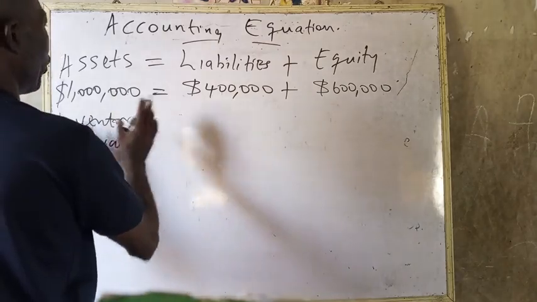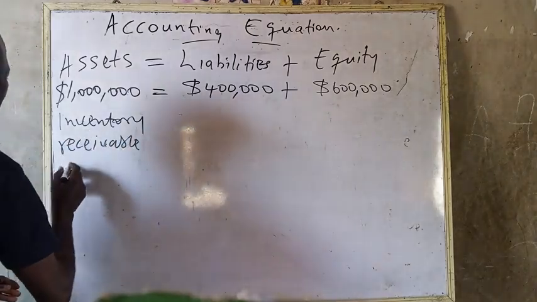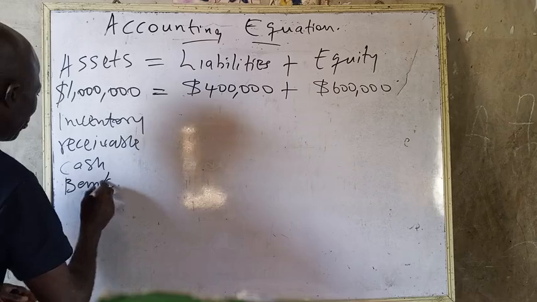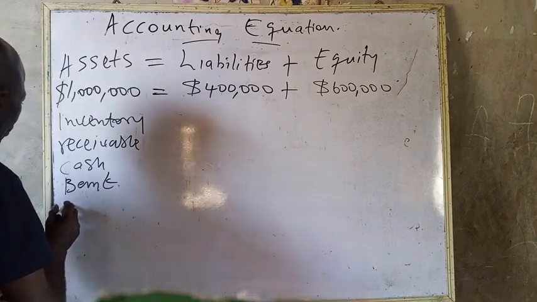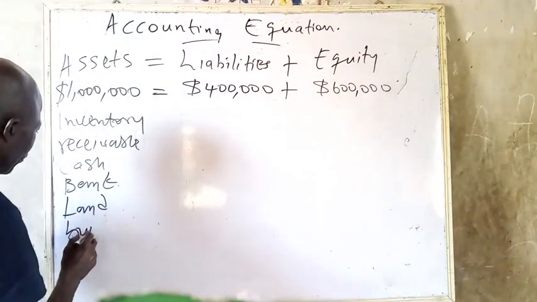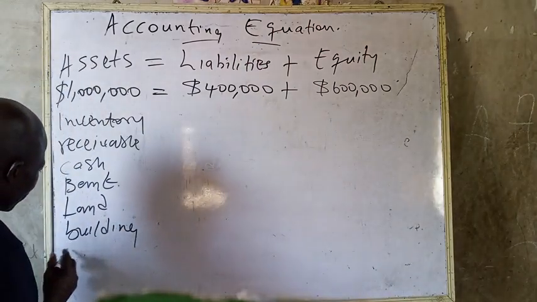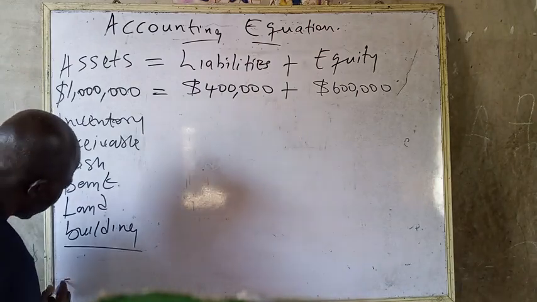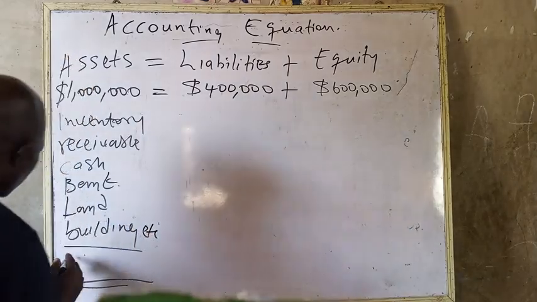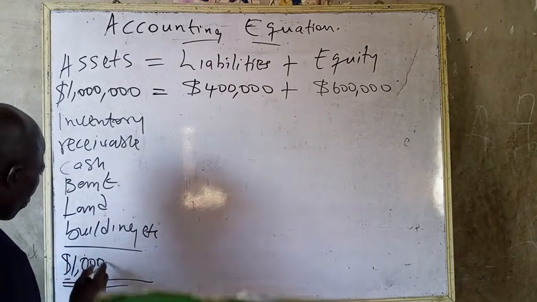But let's just take this for example's sake. Receivables, cash, bank, land and building, equipment. Let me just, for example, say the total value is $1 million.